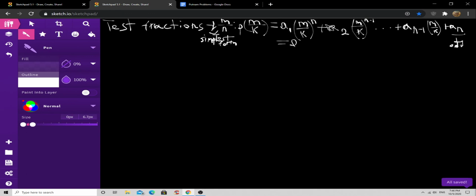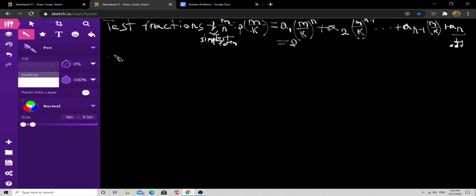Notice that we know that m and k cannot both be even, and that's because if it's in its simplest form, then if they were both even, you could factor out a 2 and then simplify them further. So, as a result, they cannot both be even.